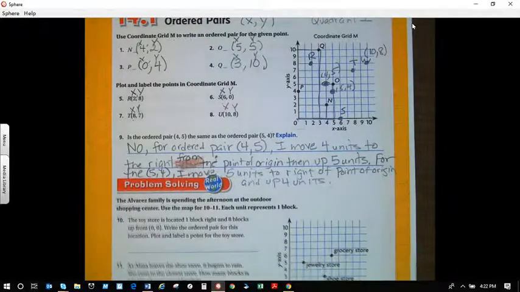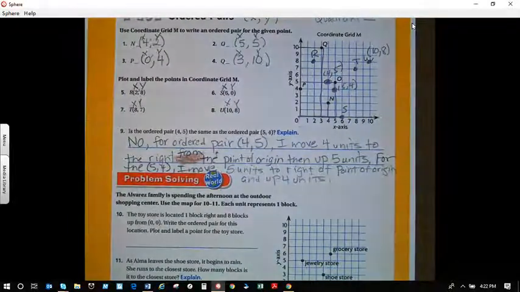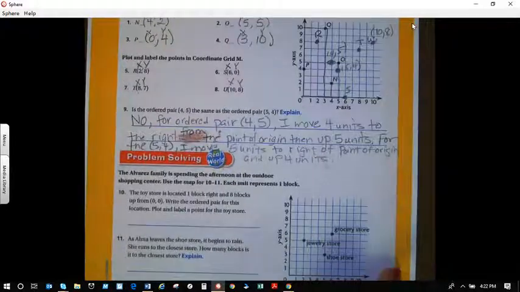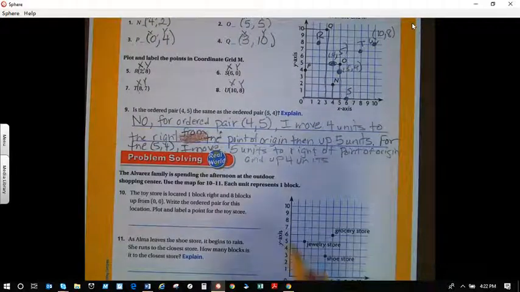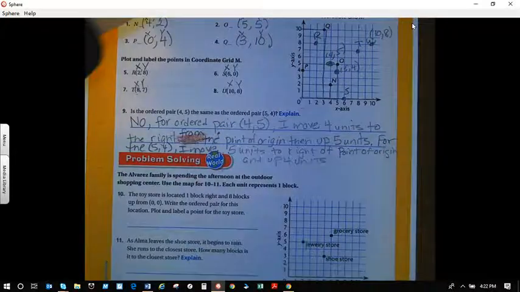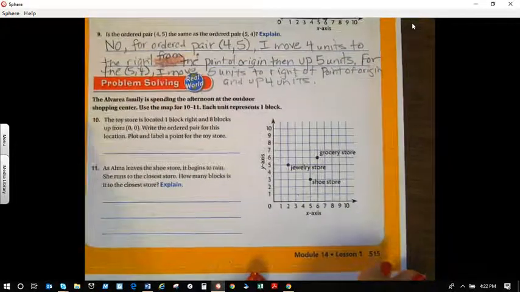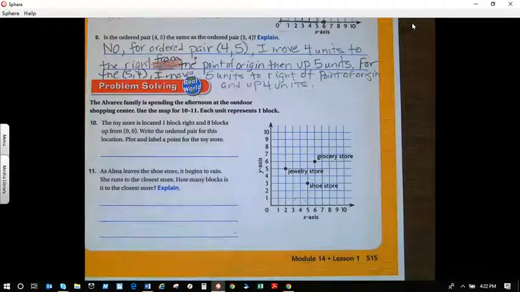All right, let's look at the Alvarez family. They're spending the afternoon at the outdoor shopping center. We're going to use the map for 10 and 11. Each unit represents 1 block. These are examples of what you will see on STAR tests. They usually have maps and what you would find on the coordinate grid.